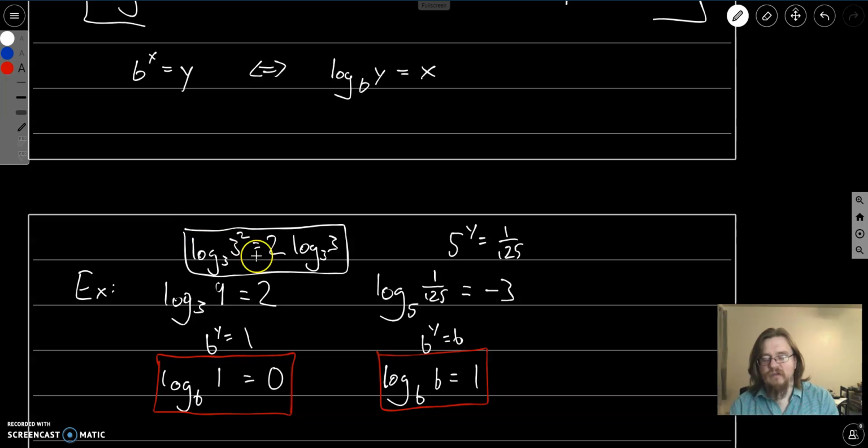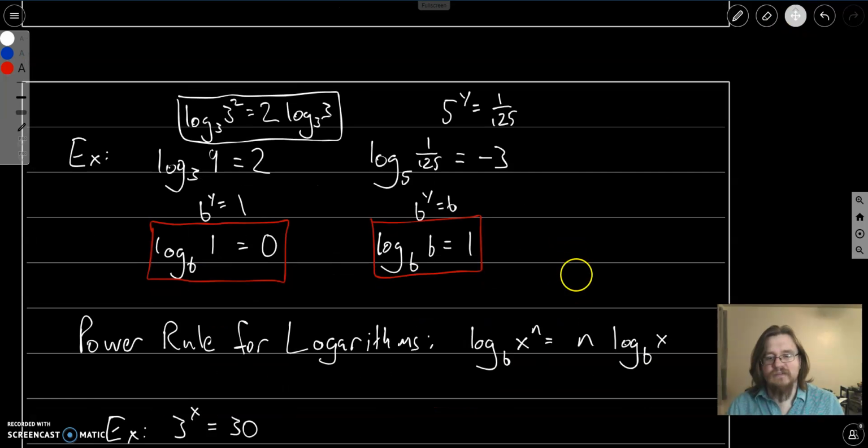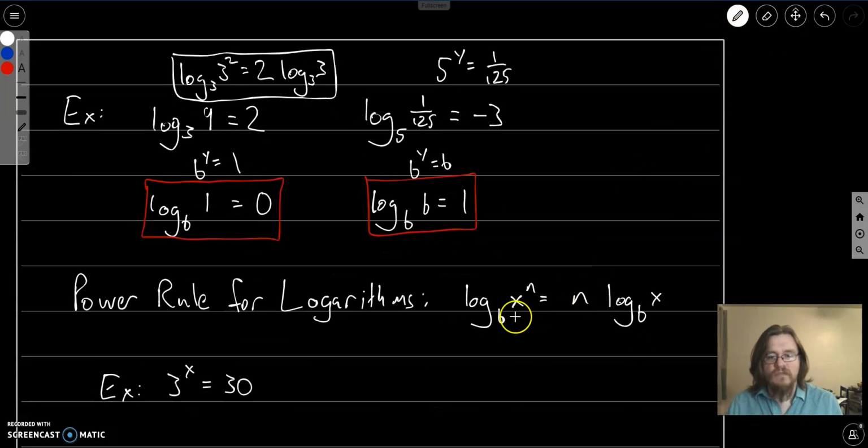This is maybe a little bit weird for the moment, but as I write this down, you'll notice that this 2 kind of comes out front. So log base 3 of 3 squared, we know this is equal to 2, but I can write 1 as log base b of b, so why not log base 3 of 3? And this gives us the following rule. Log base b of x to the n is equal to n times log base b of x.